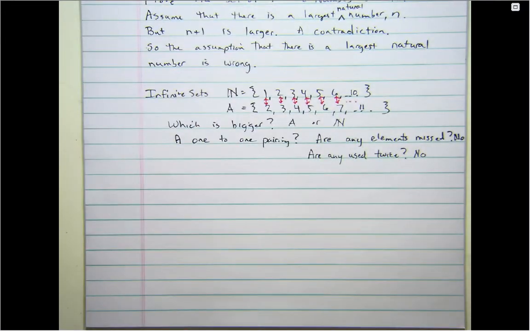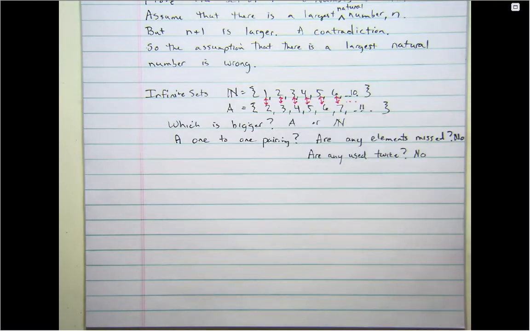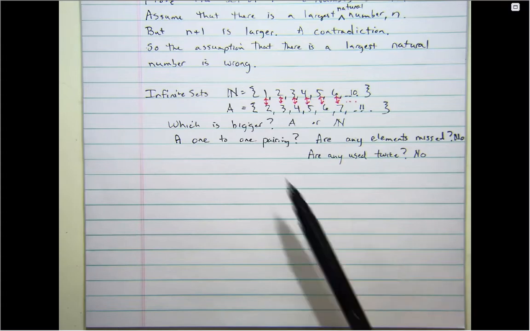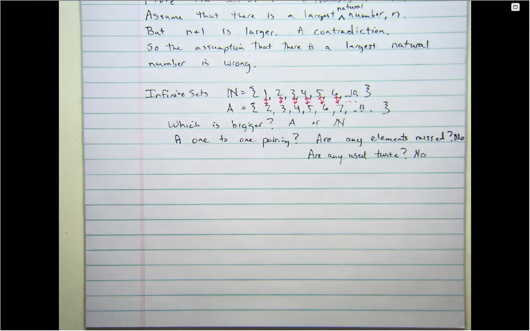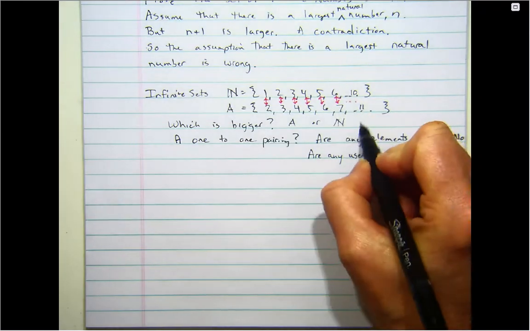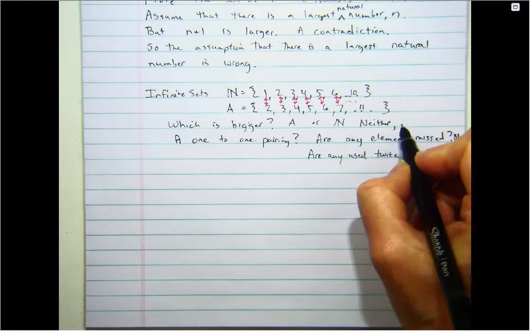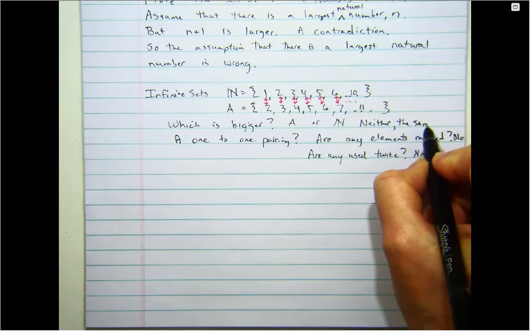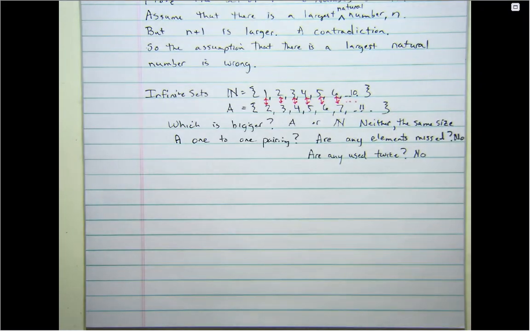With infinite, as long as you can make a one-to-one pairing, then you have sets that are the same size, even though it appears that this set N is bigger than set A. So the answer here is neither. They're the same size. A and N are the same size. We call that cardinality. They have the same cardinality.